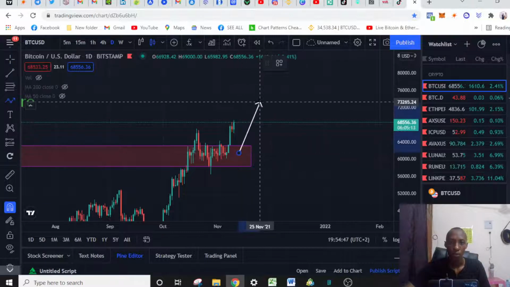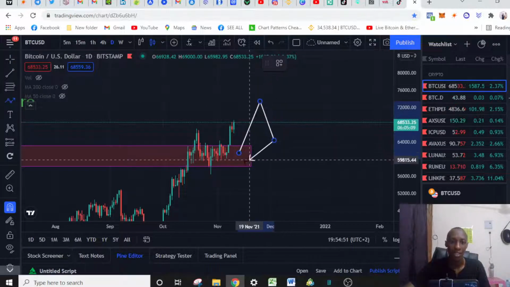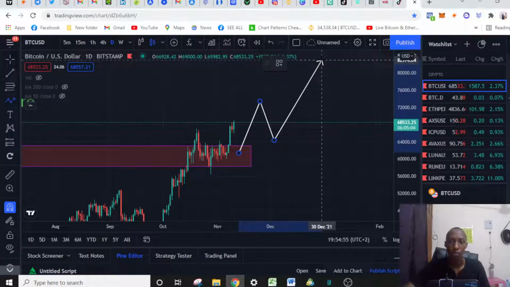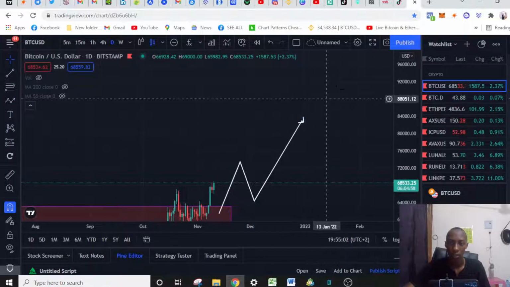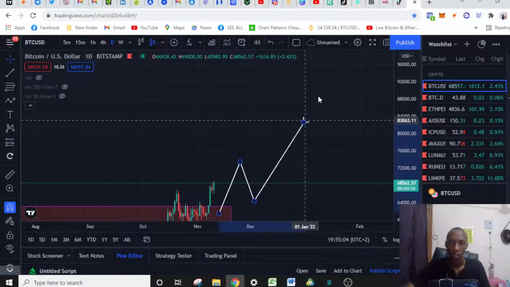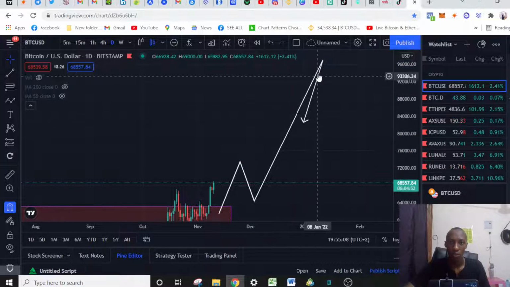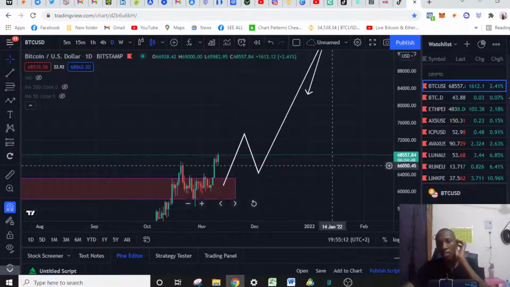We're expecting this price to go up, probably 70, 75, come back and retest. It must retest this zone here. Then boom, we expect it to go all the way to 100k right here. So this is what I mean by resistance and support zone.